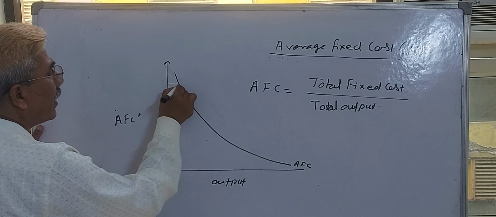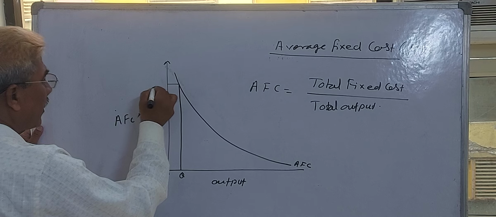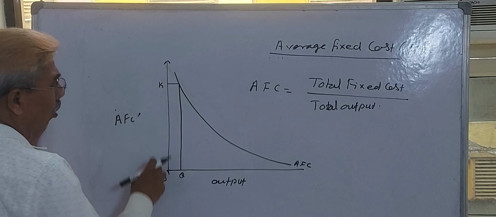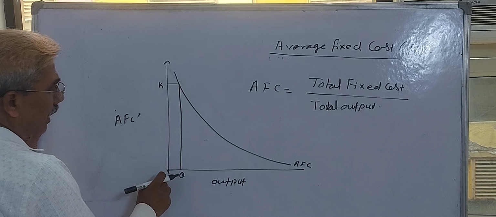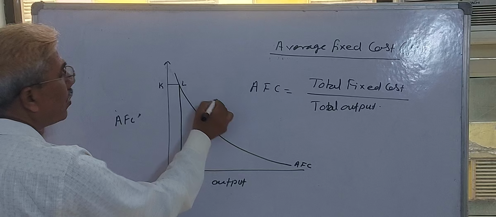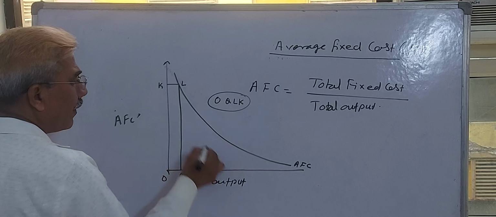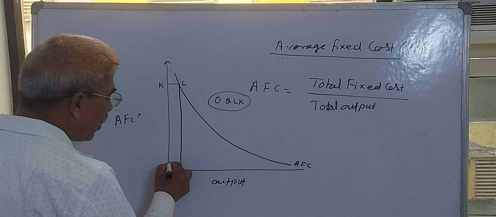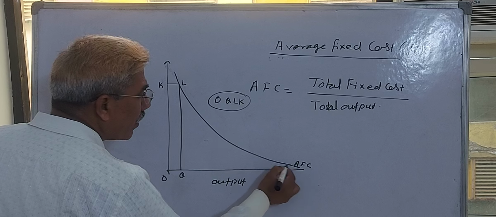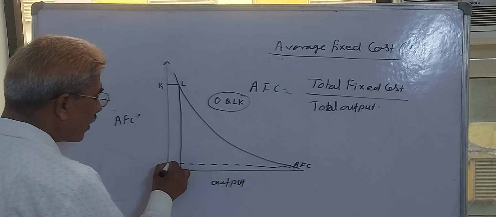You can see if the output is OQ and average fixed cost is, say, OK, now the total fixed cost will be equal to OQLK. If the output increases up to this level, it seems to touch the X-axis, but it never touches.